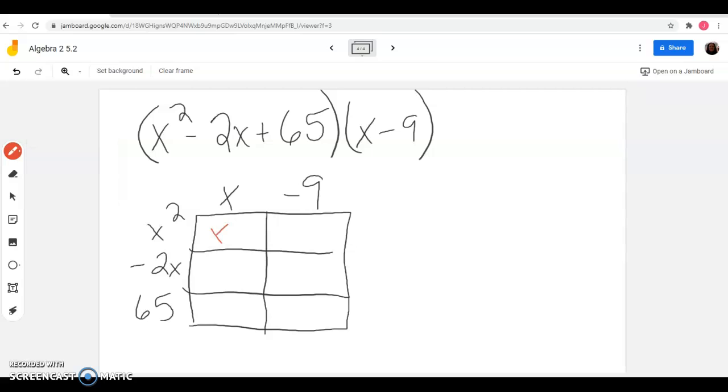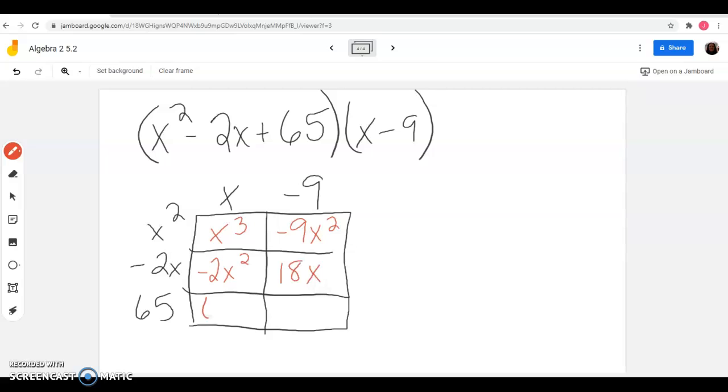All right, so I'm just going to do that really quick. x to the third, x squared times negative 9. Then I take negative 2x times each of them on the top. Negative 2x times negative 9 is positive 18x.